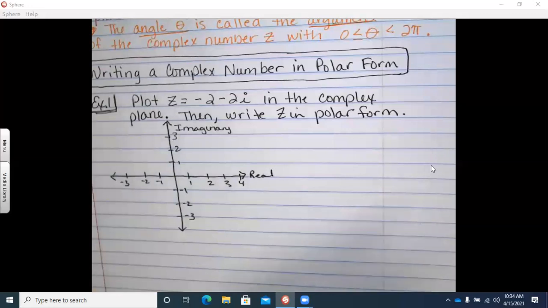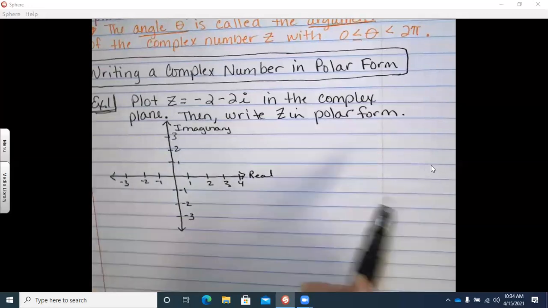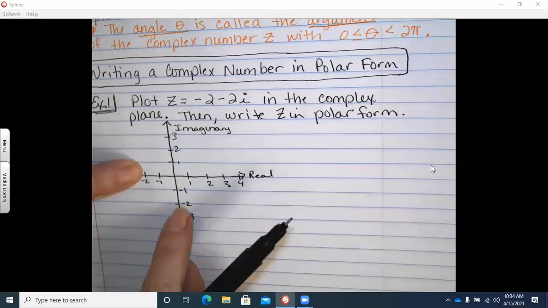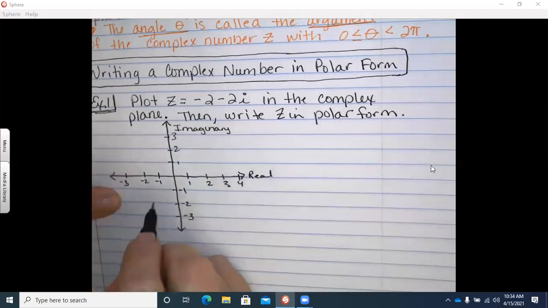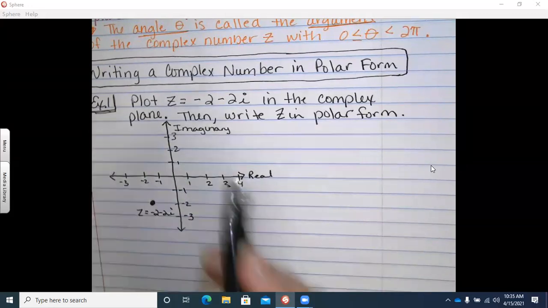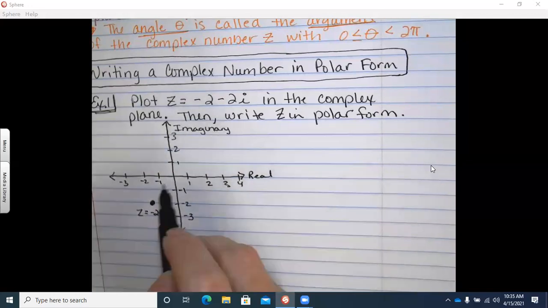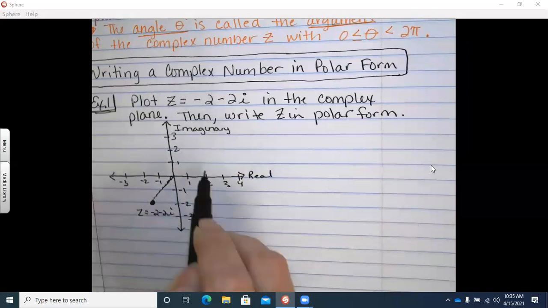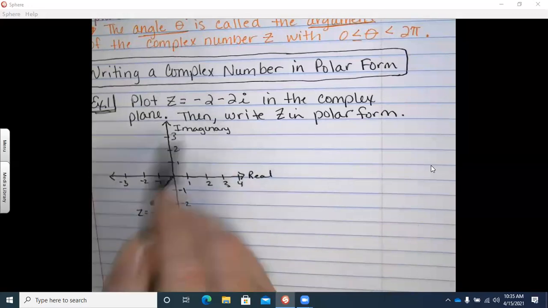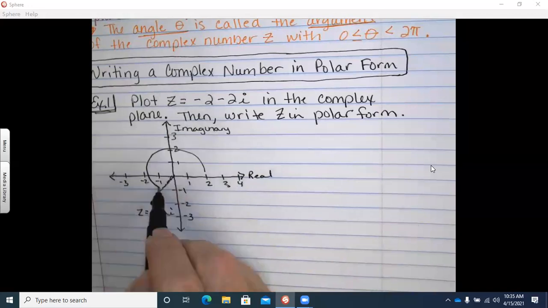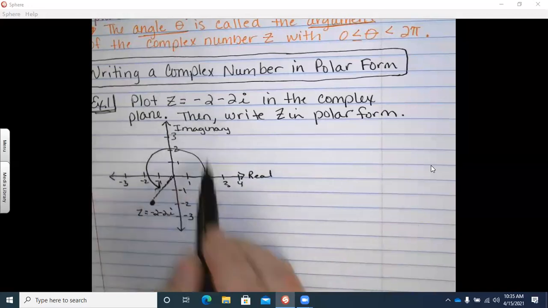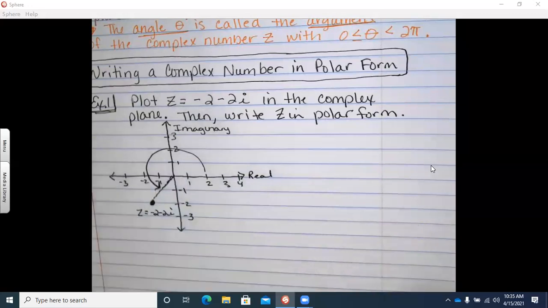On the imaginary axis, I go down to -2, and where they meet is where z equals -2 minus 2i is. Okay, so that forms an angle. If we start, think about your unit circle and go counterclockwise around, we need to figure out what the angle of that point is, okay?